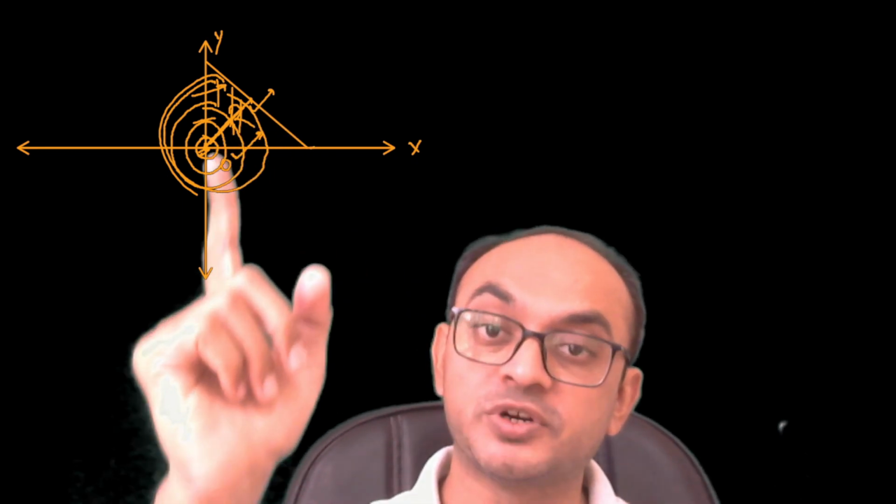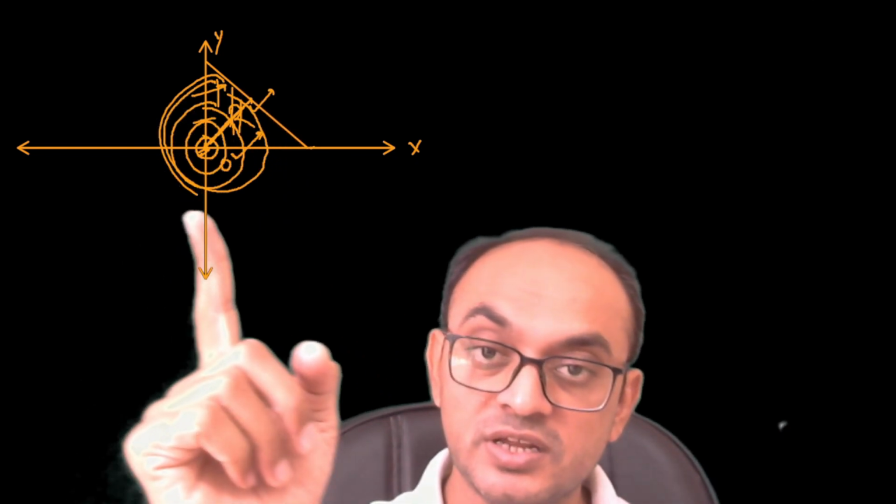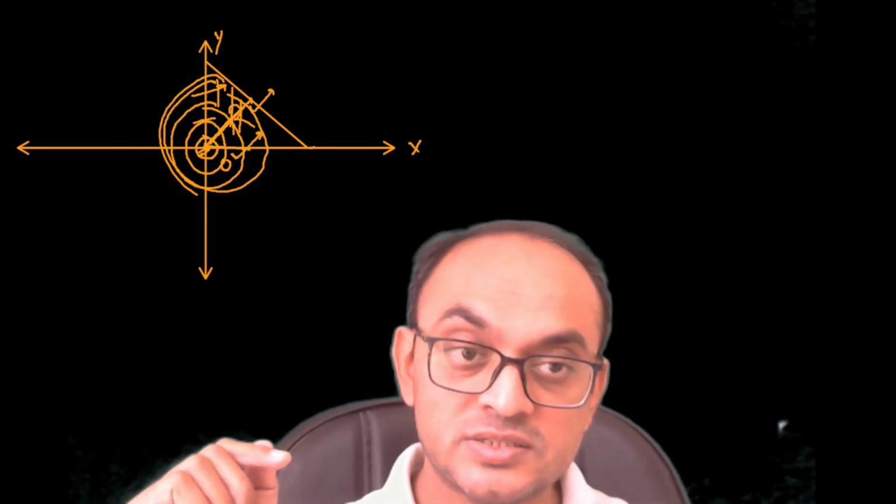Now the angle fixes the portion. Theta equal to 0 to theta equal to 360 degrees covers all the quadrants. Now my region starts from this line.